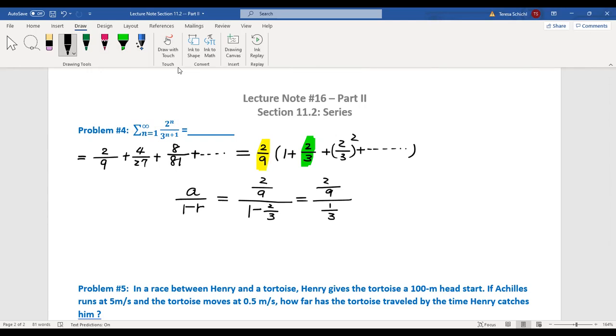So what is the answer? The answer is 2/3. That means this series converges to 2/3.